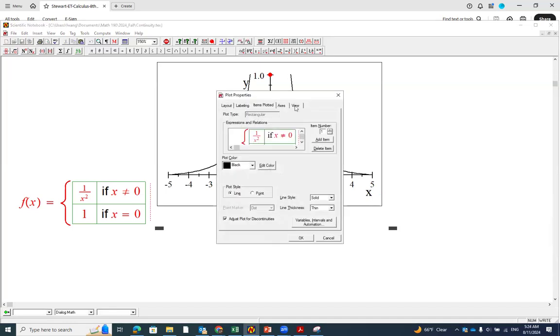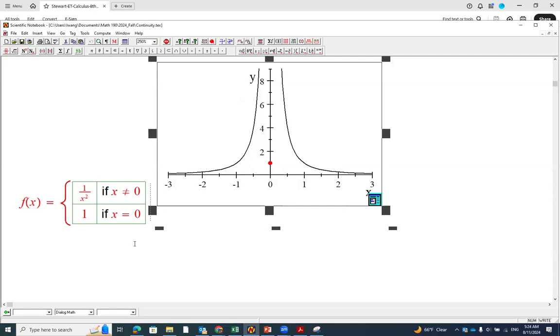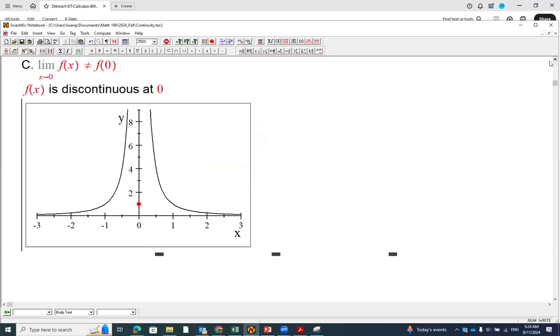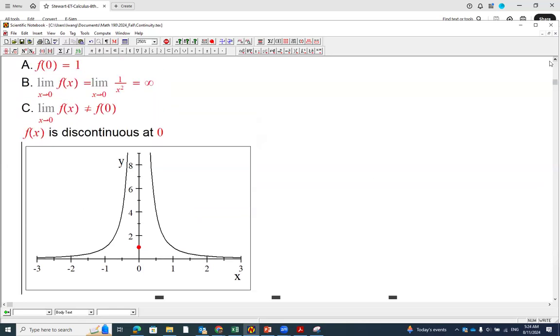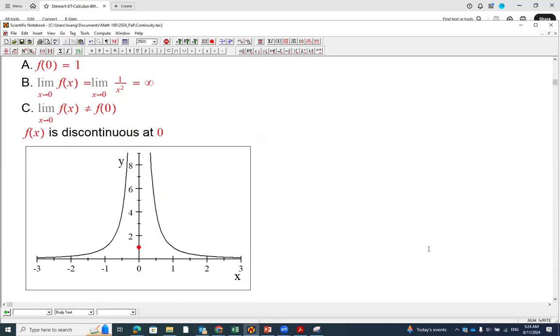Let me make a little adjustment to the picture. The curve is consistently positive, so this is the curve. We can remove that because we have that function over there. We obviously have a discontinuity, but is this discontinuity removable?